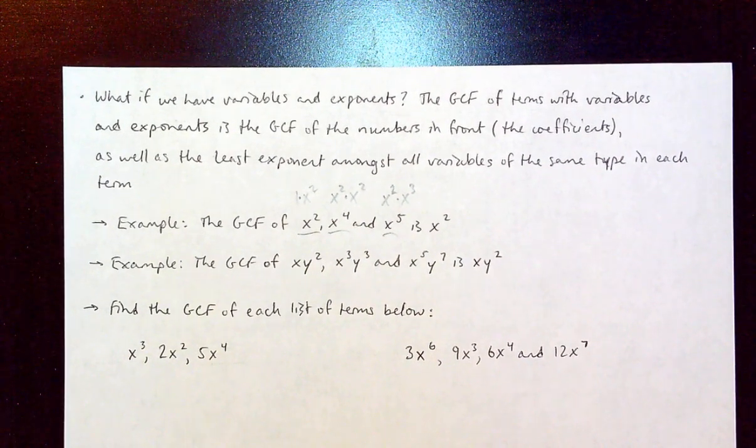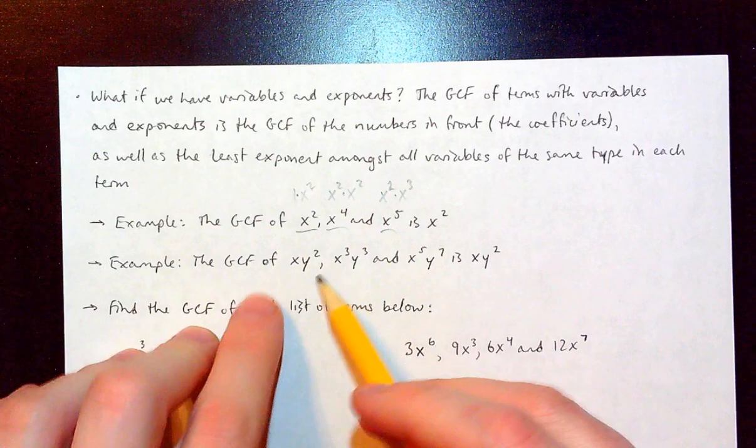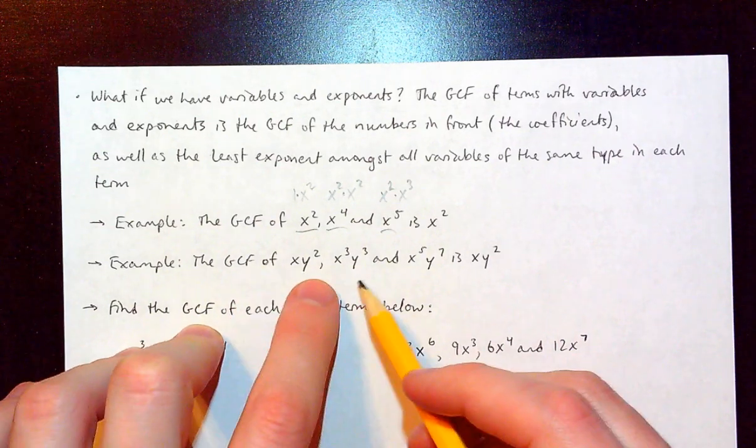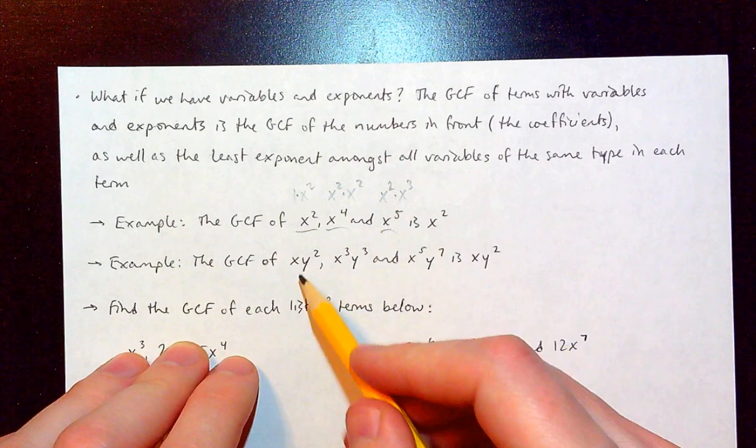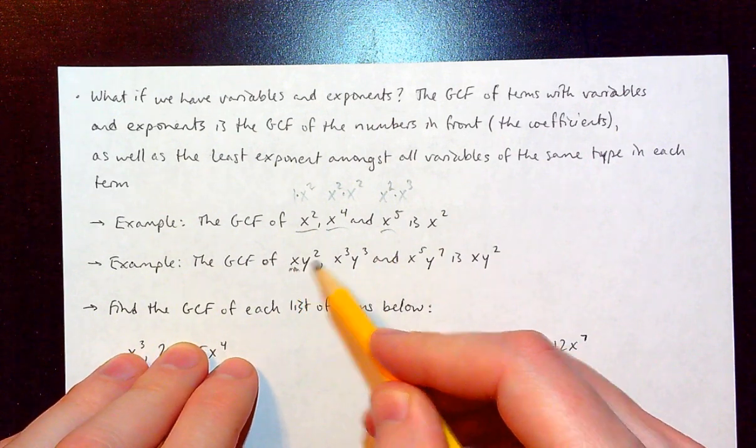It gets a little bit more involved if you have more than one variable happening. You have to take the least power, the smallest exponent on each variable, and that is the part of your GCF. So here I have x times y squared, x cubed times y cubed, and x to the fifth times y to the seventh. I'm going to focus on just the x's first.